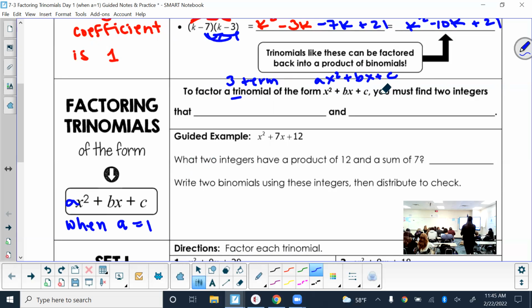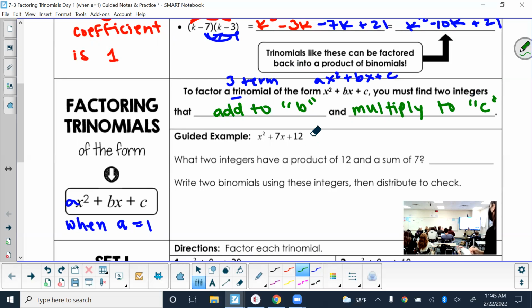Then what we are going to be doing is finding 2 integers that add to b, the middle coefficient, and multiply to c. So if we are given a trinomial that we need to factor, we're going to find 2 numbers that add to the middle coefficient and multiply to whatever constant is in that position. So add to b, multiply to c. The diamond method is a really easy way to say that.